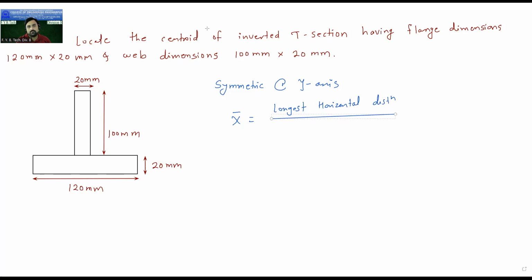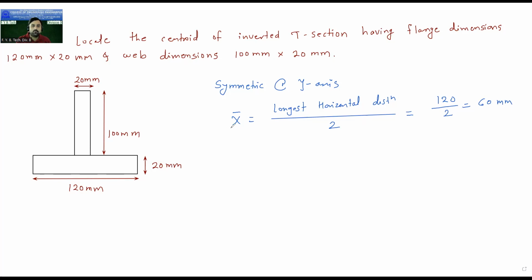So what is the longest horizontal distance? 120. So it is 120 divided by 2, which is equal to 60 mm. So now we know the x bar. Now we need to find out the y bar.